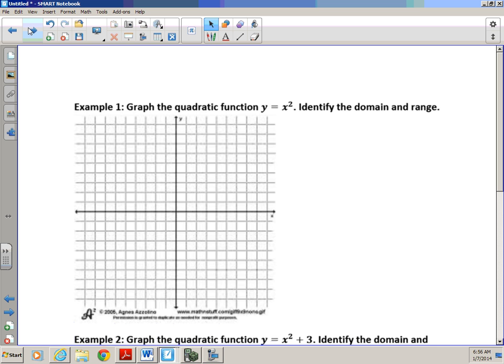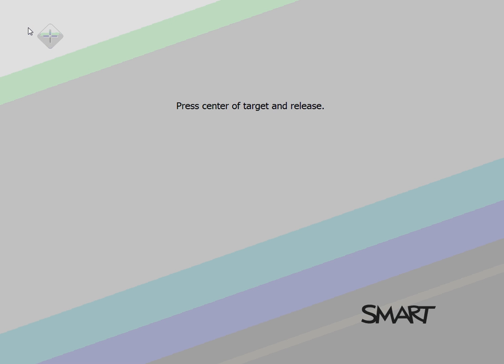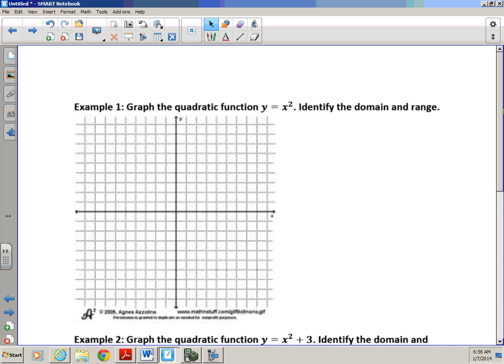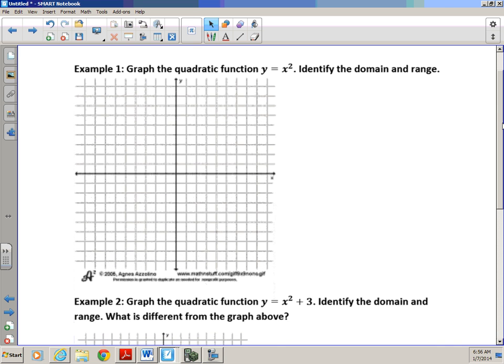So we want to graph the quadratic function y equals x squared. As we said, the first thing we want to do is determine our axis of symmetry.